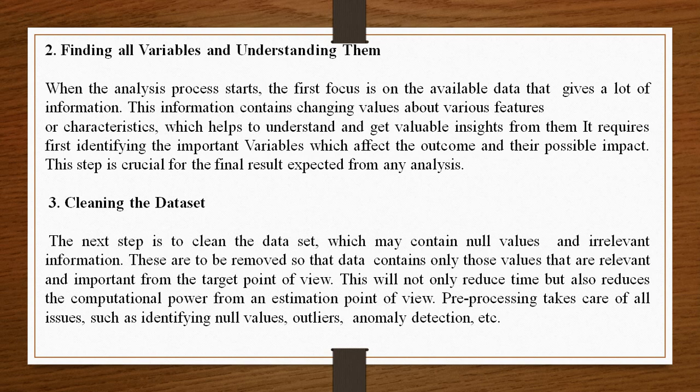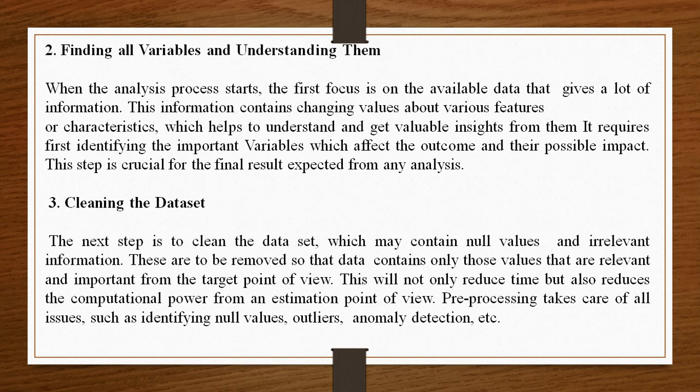The focus is on variables and what are the outcomes and their possible impacts. Okay, this step is crucial for the final result expected from any analysis. If here we make any mistake in identifying the variables or shifting our focus, we are not going to get the desired result. The third is cleaning the data set.